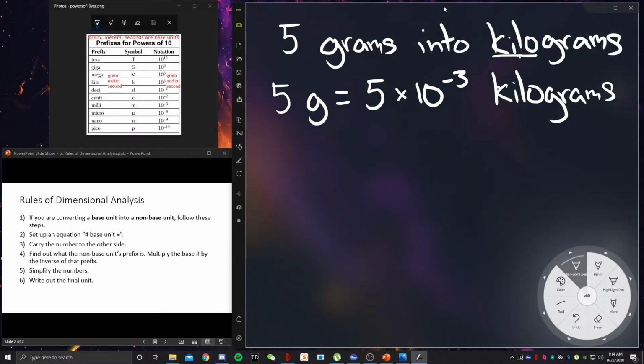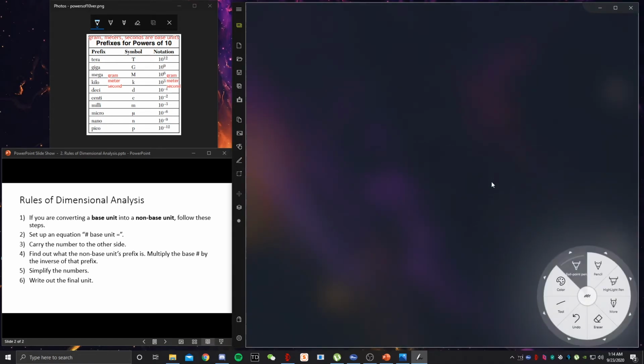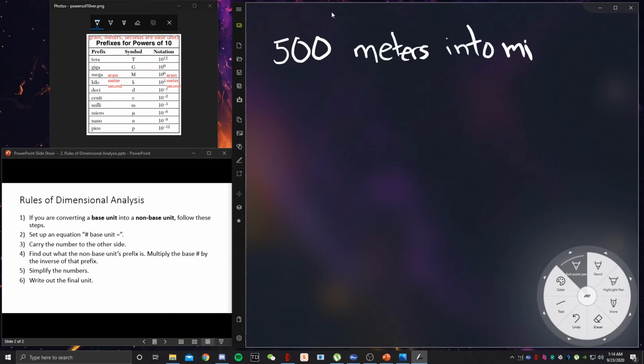Now, let's do a slightly harder problem. Let's say we want to convert 500 meters, and we want to convert that into millimeters.